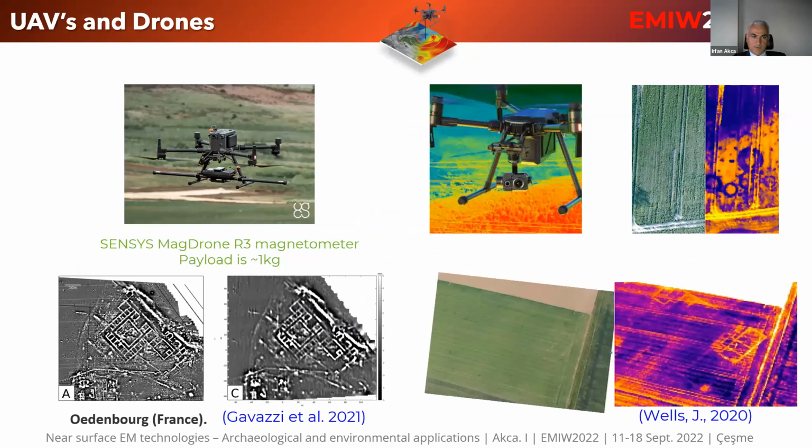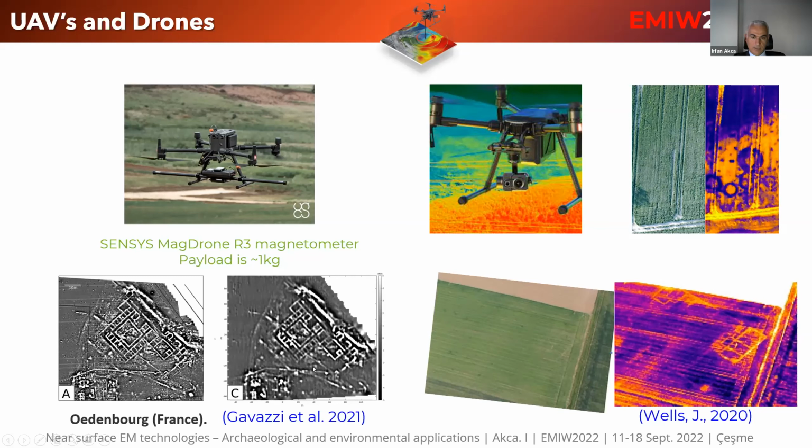Some applications which are already used in archaeological prospection: for example, you see a magnetic measurement device mounted on a drone, and the results are compared in the bottom. The one on the left is a ground-based magnetic measurement, conducted in Oldenburg, France, and you see a very clear image of the subsurface, with archaeological structures under the ground.